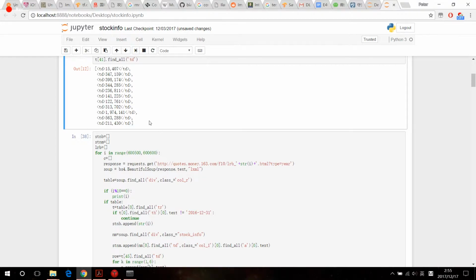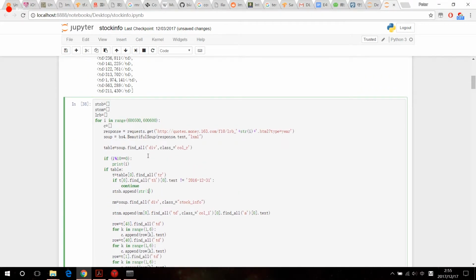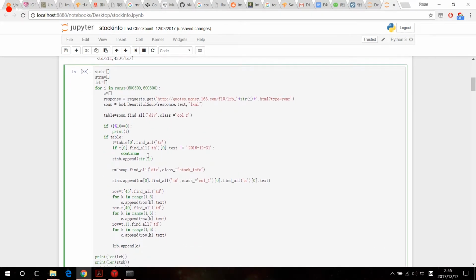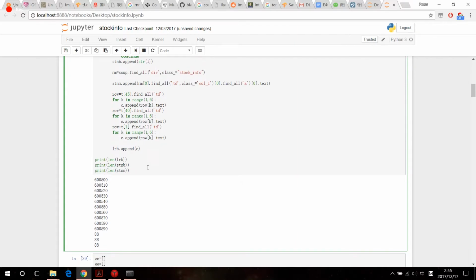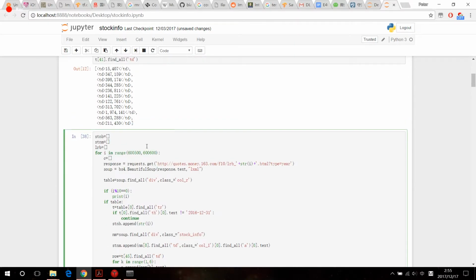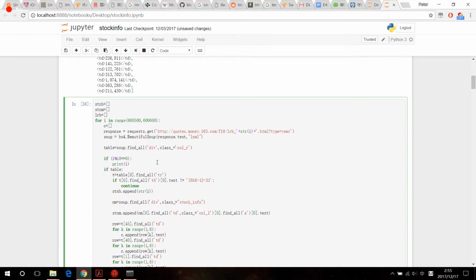Then in this part, I use some loops to help us collect data of the stocks with stock numbers in this range.